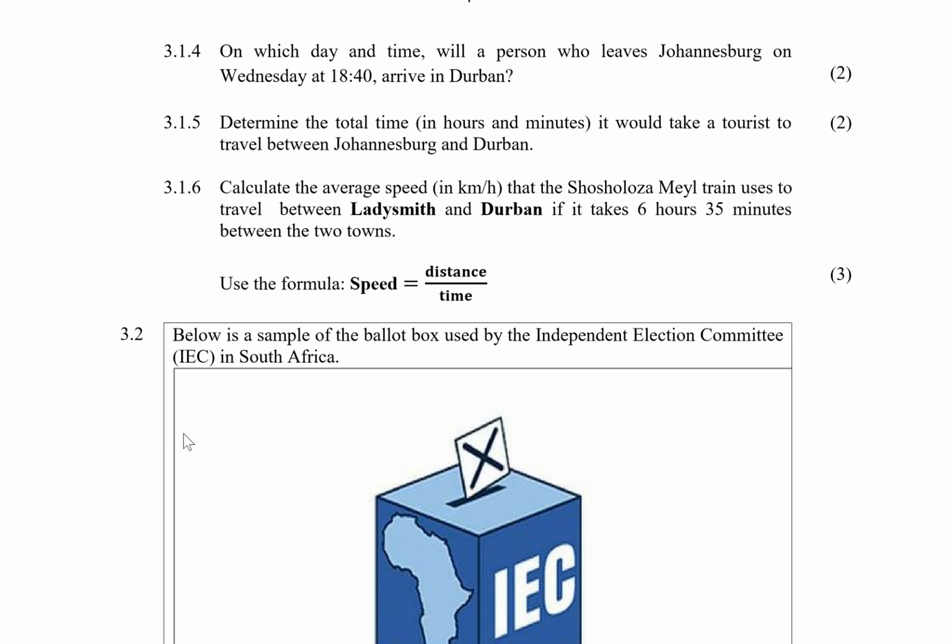In the table above, you'll see that on day 1, the departure time from Johannesburg is 18:40, or 20 to 7 in the evening, and that is given as day 1. So we can assume Wednesday is day 1, and the arrival time in Durban is 10 past 9 in the morning on day 2. Because day 1 was Wednesday, we can assume day 2 is Thursday. So the answer is 10 past 9 in the morning on Thursday.